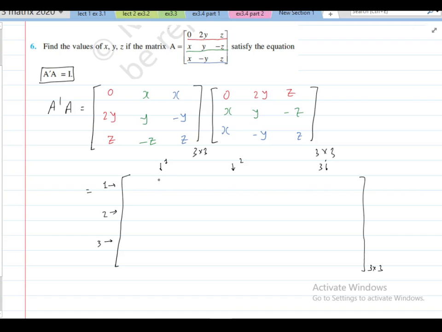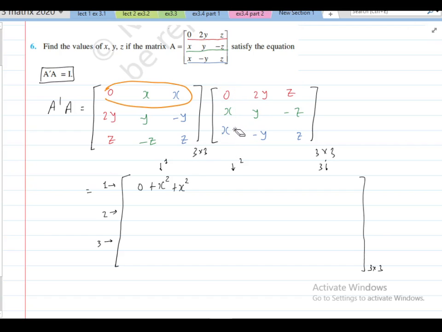First row, first column. So we will select first row, first column. Now multiply: 0 into 0 is 0, then x into x is x square, 2x square, and x x again x square.